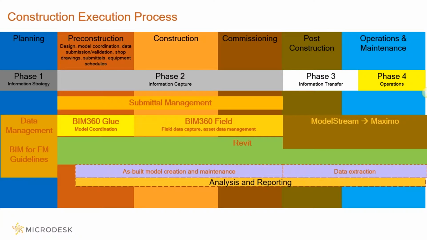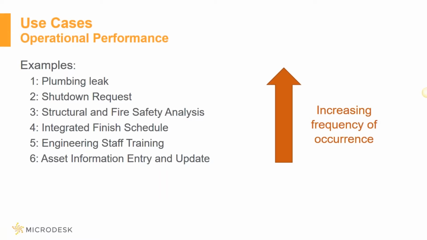So let's get into some of the nitty-gritty use cases here and how this all works together. In this example, we combined the BIM process with the facilities process, and we looked at a number of different examples with some customers.